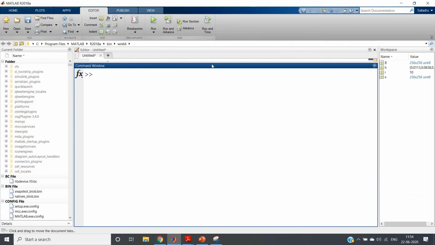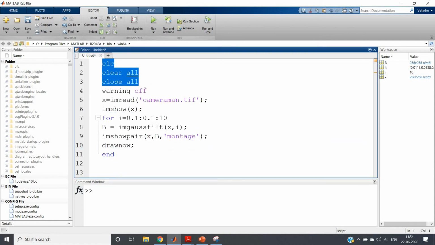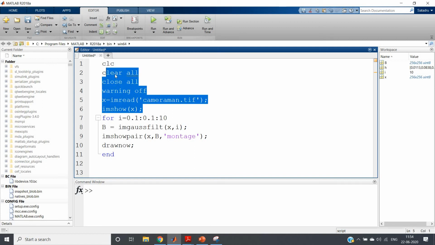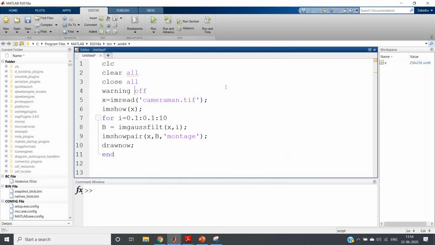So here I have implemented the same. CLC, clear all, close all, warning off, and then x equal to imread cameraman.tif. This is the popular cameraman image which is present in the MATLAB database itself. I hope you have seen this already if you are an image processing and digital signal processing student.